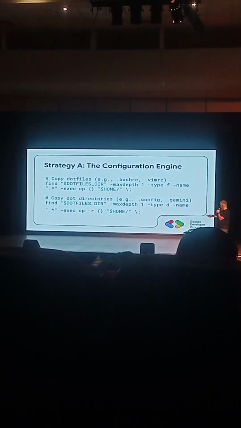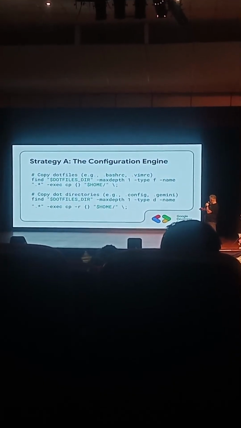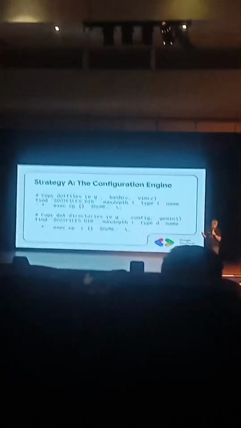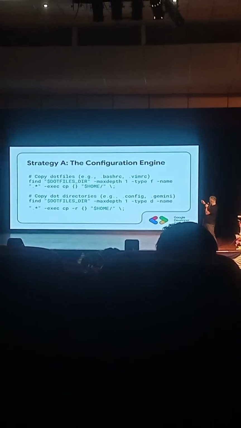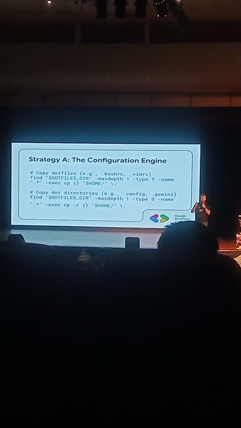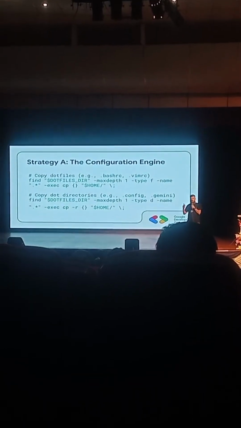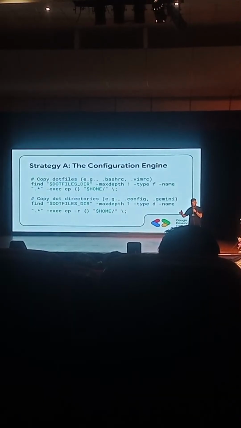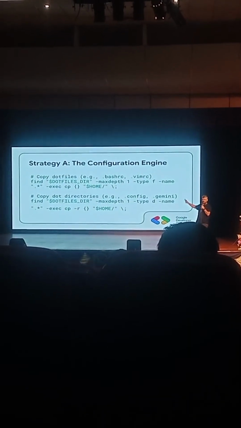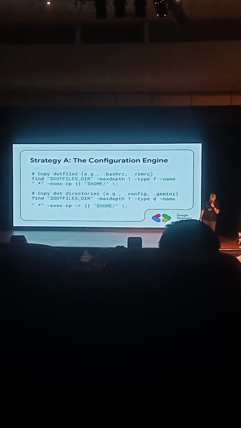I also have vimrc, and I also have configuration directories like .config that contains a lot of configuration for other binaries. And .gemini, this one is actually very important, because when you use the Gemini CLI and you install MCP servers and Gemini CLI extensions, that's where they go. They're actually just JSON files living in that directory in your home folder.